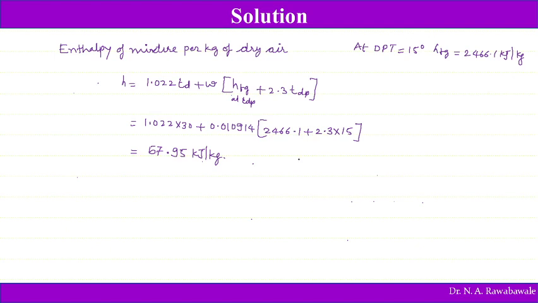So this is how we have simplified this, and we'll have the summary of this question. Very first, what we have obtained is dew point temperature, which was asked, 15 degrees Celsius. And second is relative humidity phi, which is 40%.